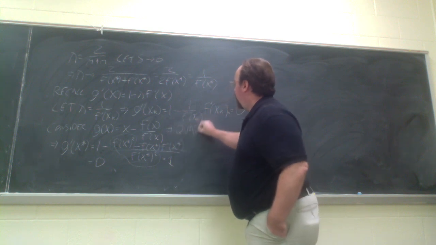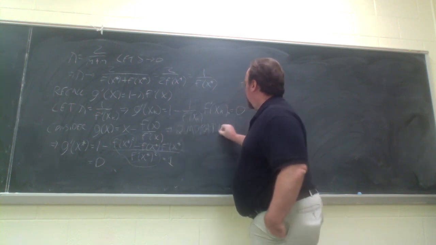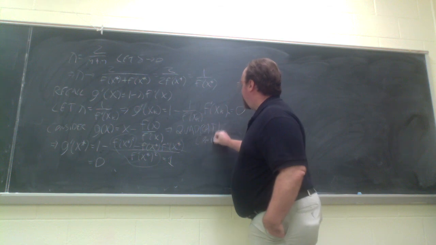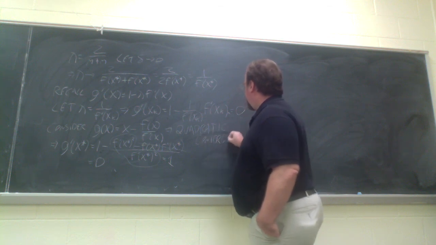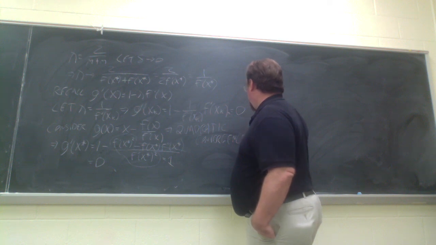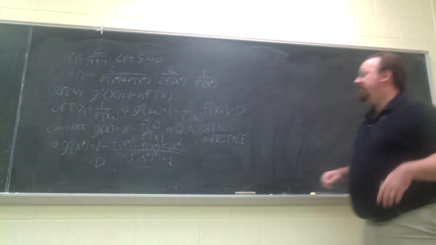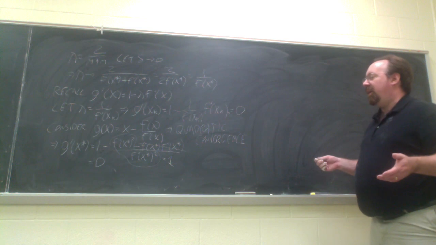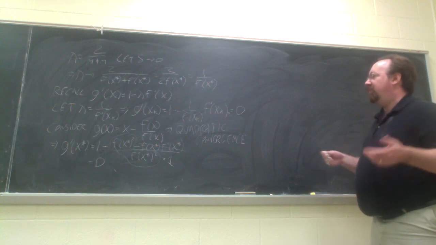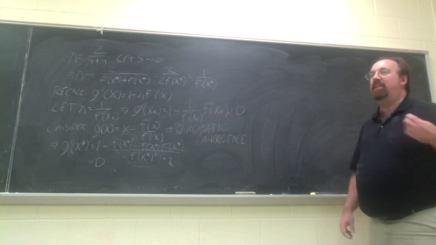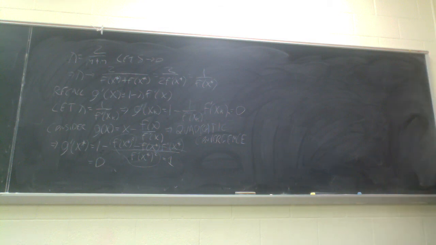So in fact, this choice of g, x minus f over f prime, gives us quadratic convergence. And this has the effect of using the ideal variable lambda that makes g prime equal to 0 at each step of the iteration in order to give us that quadratic convergence.